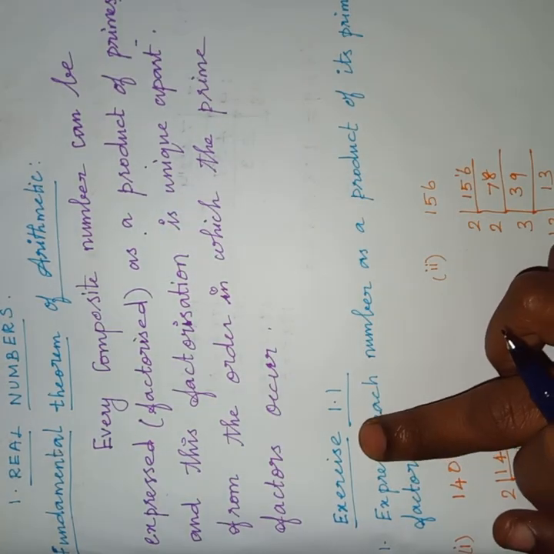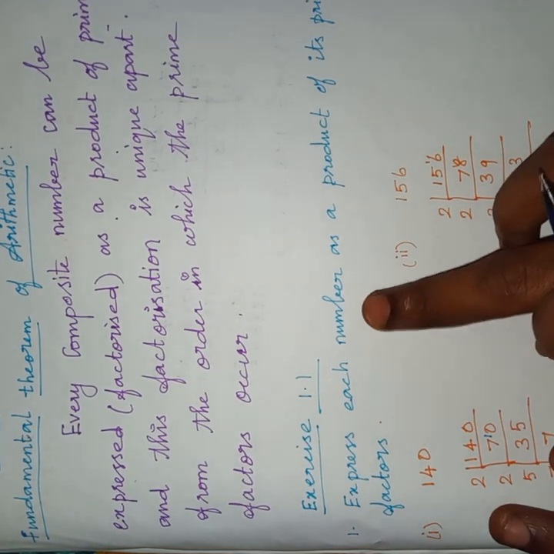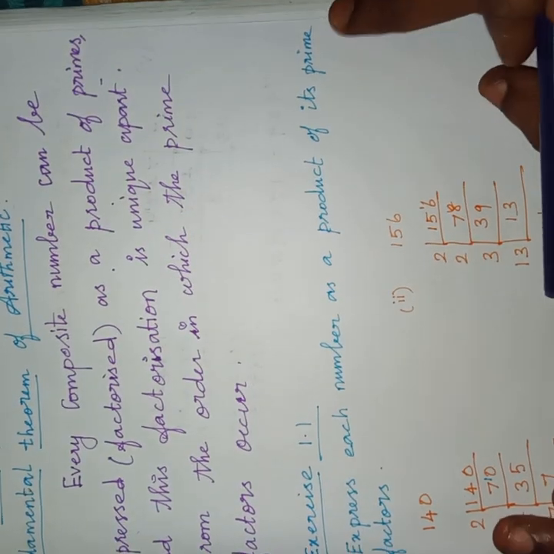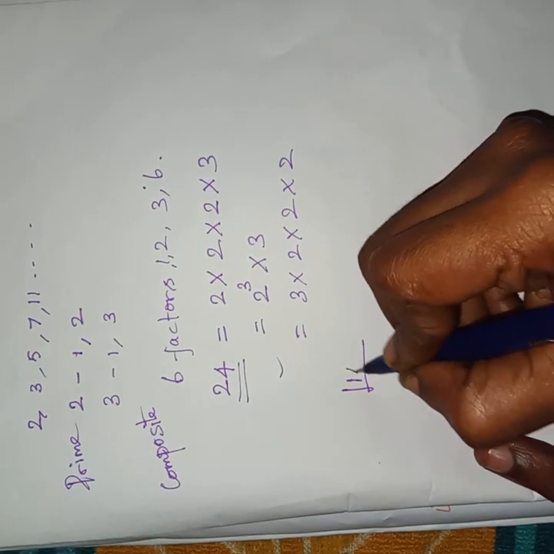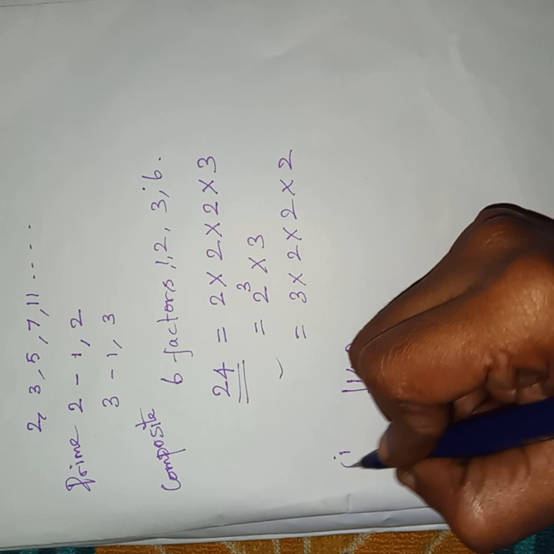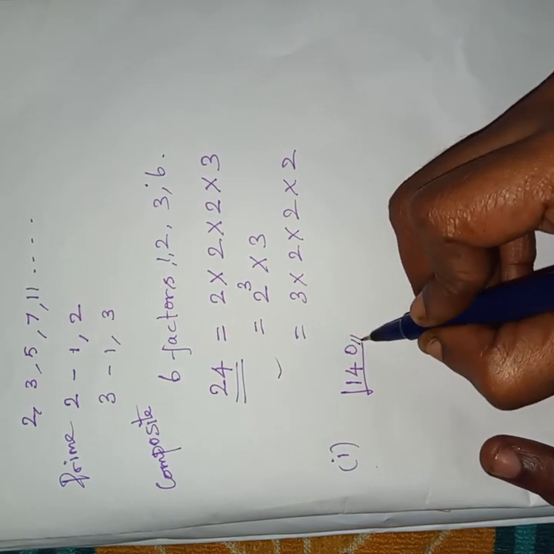For exercise 1.1, the first sum is: express each number as a product of its prime factors. The first number is 140. We can factorize this. The number ends with 0.